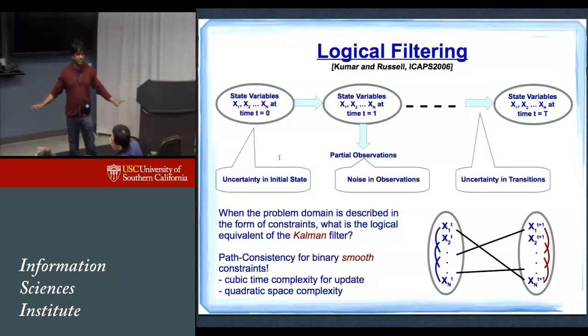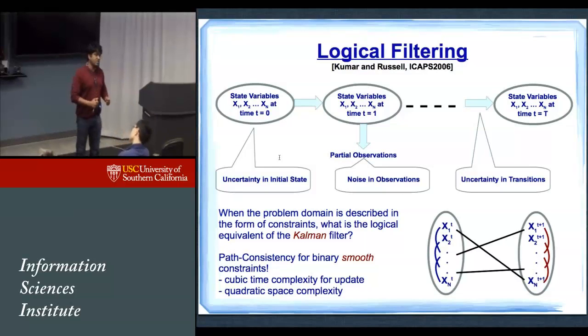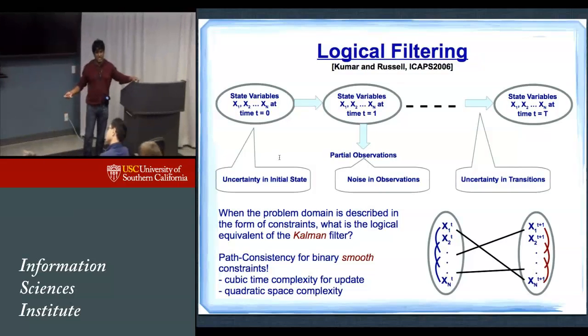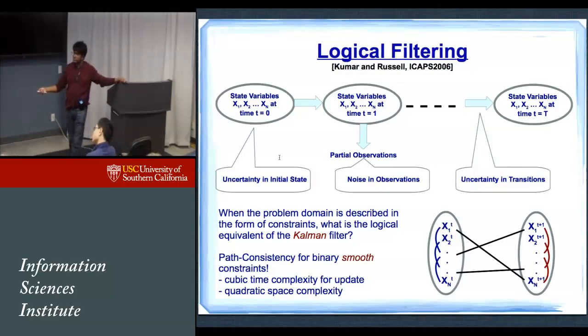Once again, the answer to that is smooth constraints. The path consistency algorithm for solving smooth constraints is the exact logical equivalent of the Kalman filter. So much so that even the complexities match: the quadratic space complexity, plus the cubic time complexity for updating your belief state.